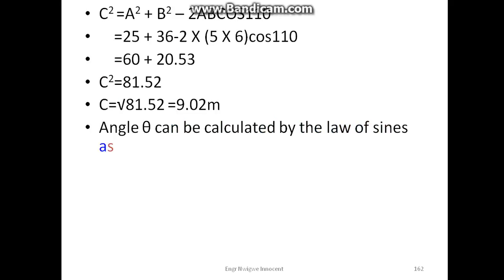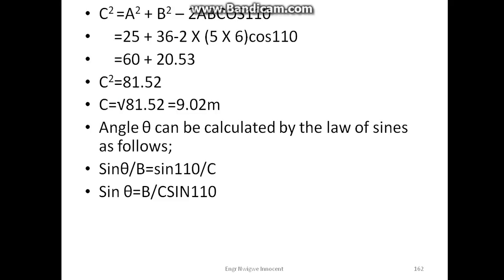Angle theta can be calculated by the law of sine as follows: sine theta over B equals sine 110 over C. Making sine theta the subject of the formula, we have that B over C times sine 110, which is 6 over 9.02 times 0.91, which gives us 0.6263.